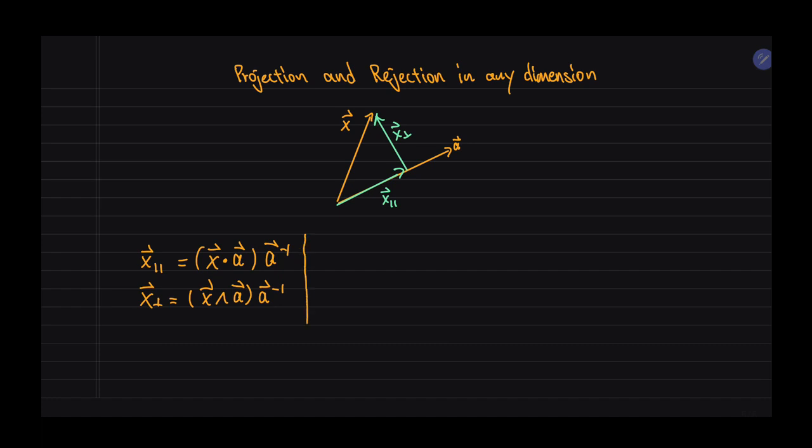So we want to think about the case of 2D. x will be written as x1 e1 plus x2 e2, and the vector a will be a1 e1 plus a2 e2.